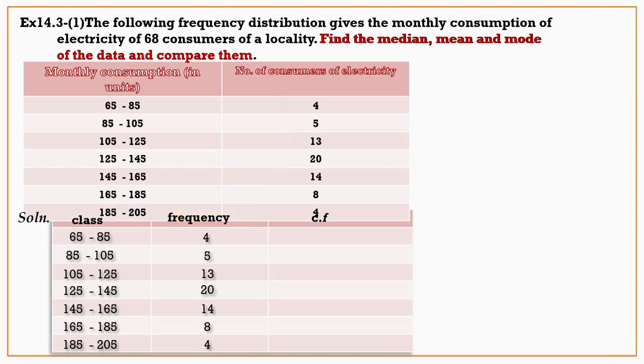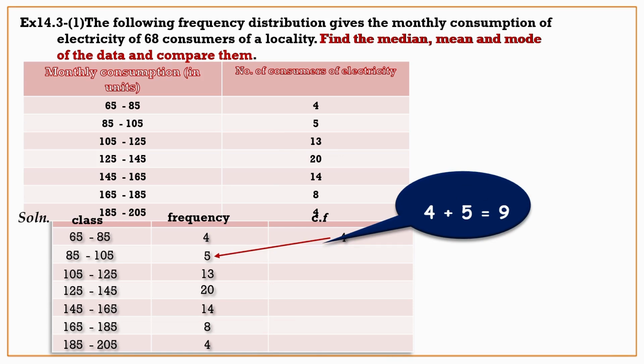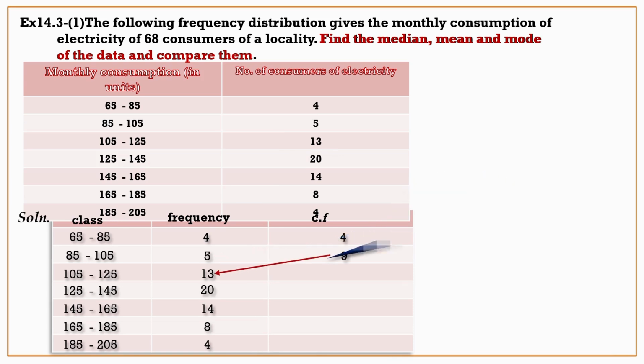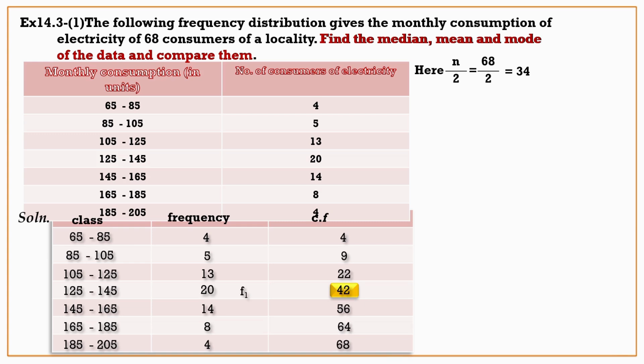Now copy the frequency. Now find the CF value. So just keep on subsequently adding. So finally we got 68. So that is the total frequency, that is n. So n by 2 will be equal to 68 by 2, that is 34.